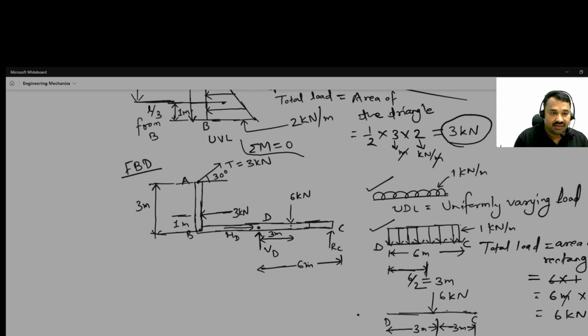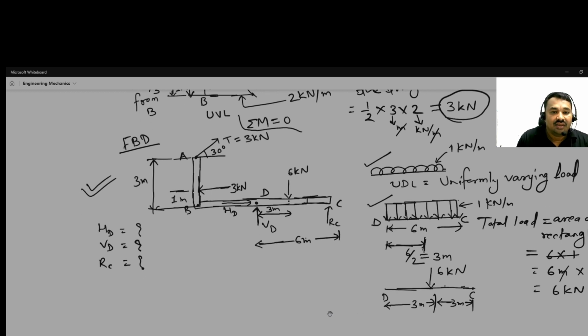Okay, this is done. FBD is done. Okay, now what we have to do? We have to find out the support reactions. Means what we have to find out? We have to find out HD is equal to what, VD is equal to what, RC is equal to what.